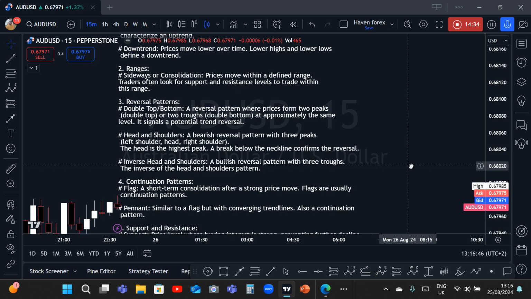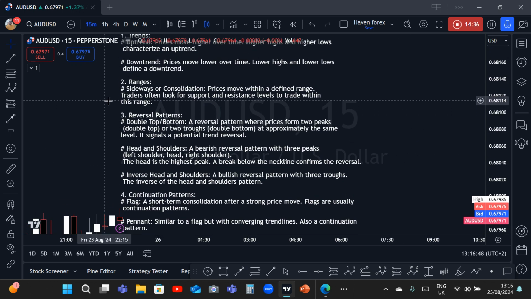All right. So what we are saying is that a sideways or consolidation market is when price moves within a defined range. Then what will traders do? They often look for a support, that is the downside, and a resistance level, that is the upper side, to trade within this range.